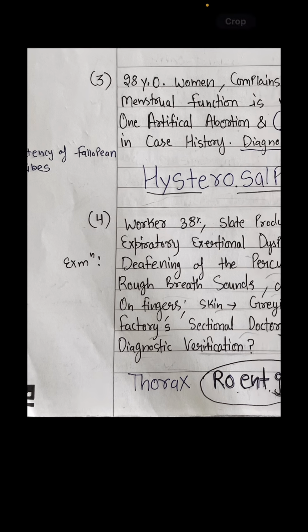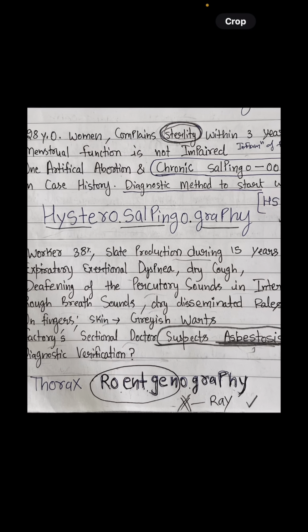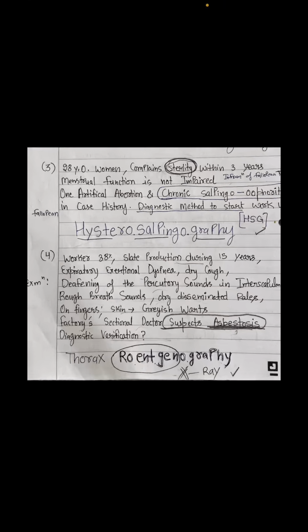Diagnostic method to start the workup: in order to check the patency of the fallopian tubes, we will go with the hysterosalpingography, in which contrast is injected in the uterine cavity to check the patency of the fallopian tube, like if there is any kind of defect or any other kind of problem. So mark hysterosalpingography for that.